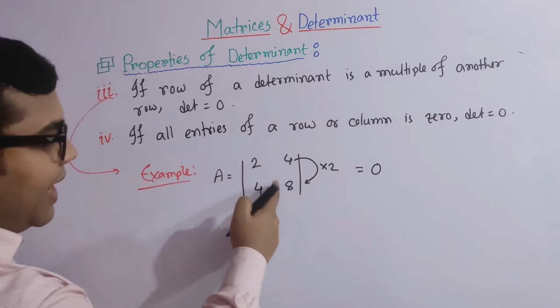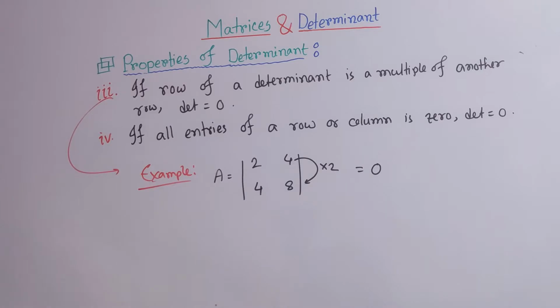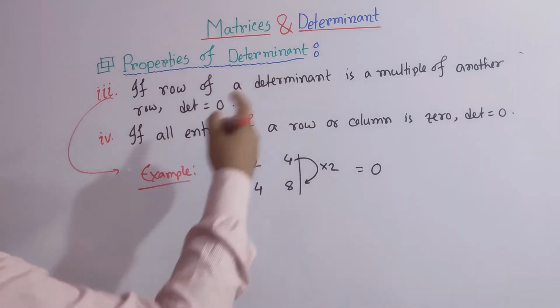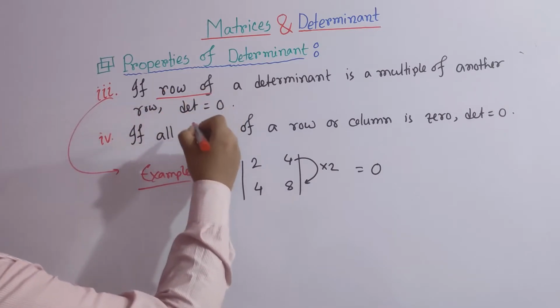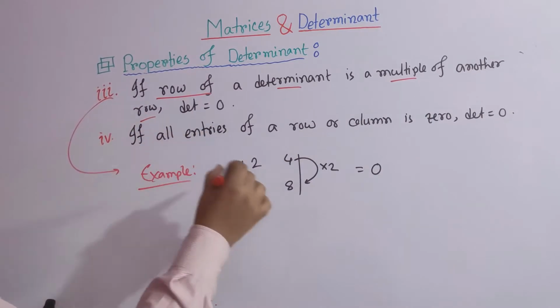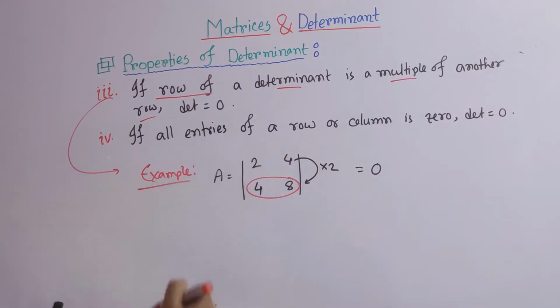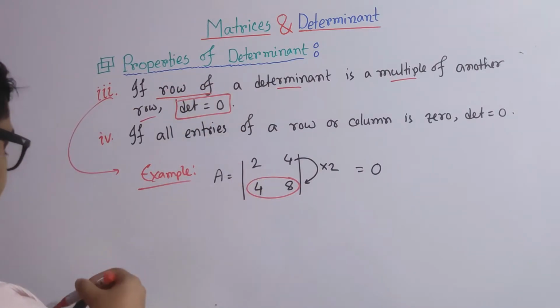If we multiply 8 by 2, 16 minus 16, so it will be 0. So the rule says that if a row of a determinant is a multiple of another row, then, as this row is a multiple of this row, our determinant must be 0. It's an example of this formula.